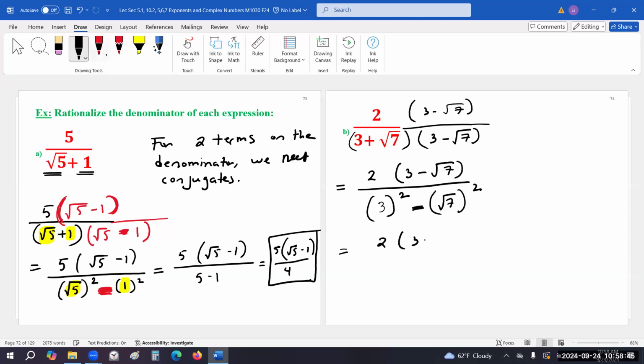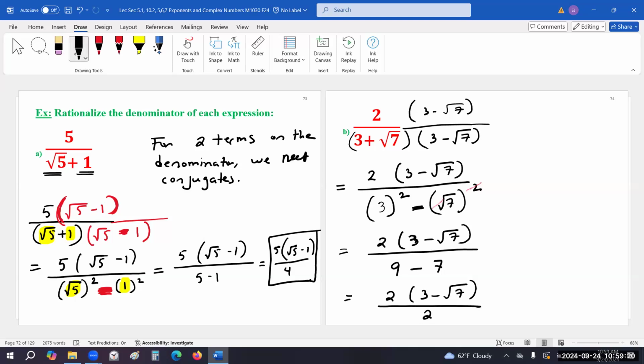So let's keep our top. Jalen, what do you get on the denominator? Square root and square power cancel out. We get 7. So we have 2 times 3 minus square root of 7 over 2.